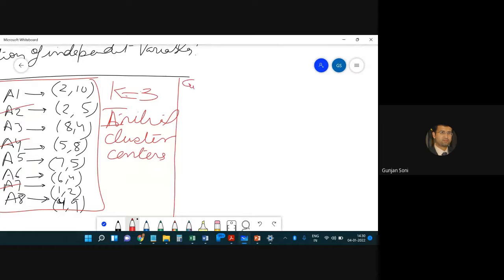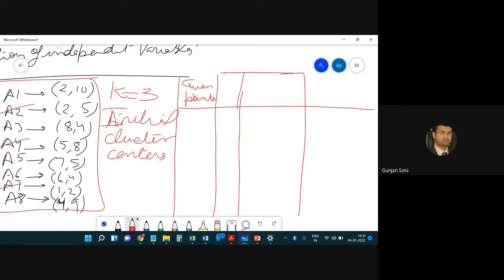So given points, write it here. Then we write distance from A2, distance from A4, and distance from, what was the third one?